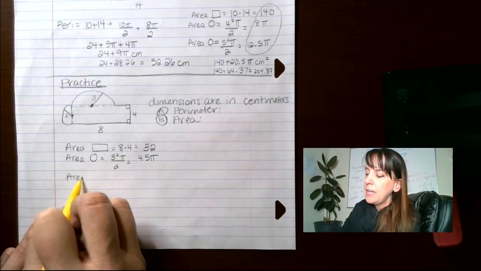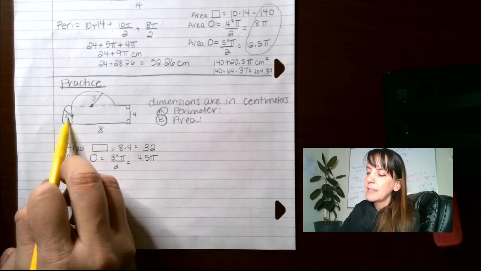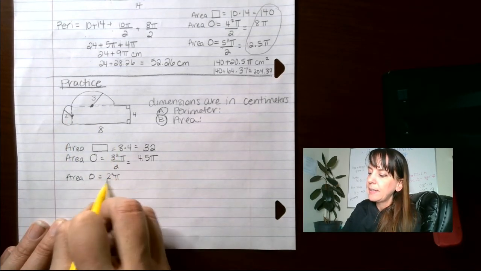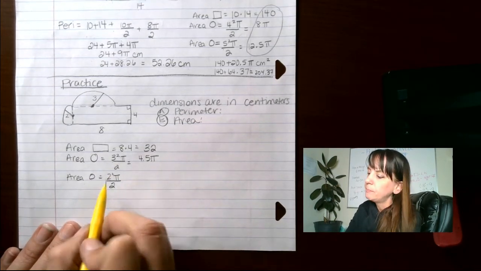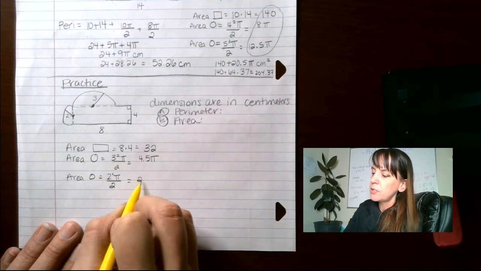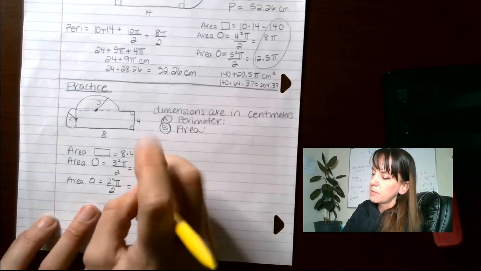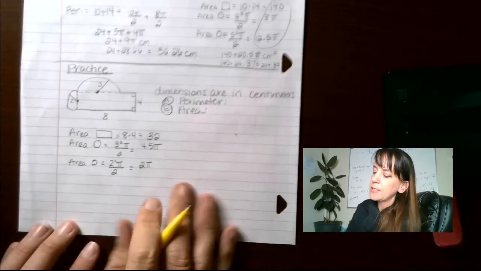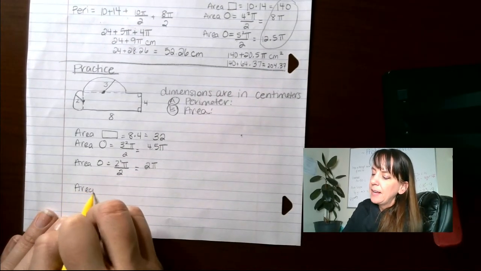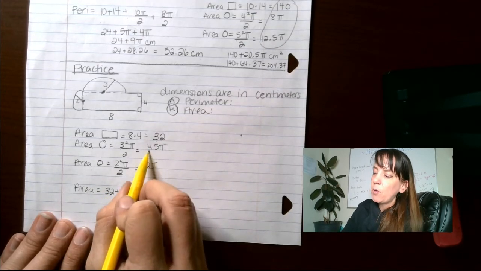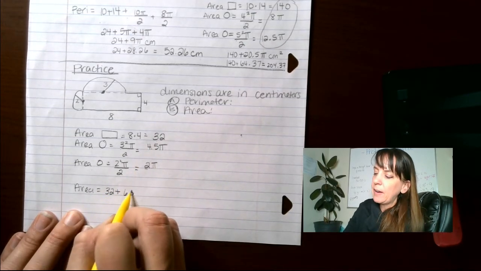The area of the other circle is the radius squared, so 2 squared pi, cut in half because it's only a semicircle. 2 squared is 4. 4 cut in half is 2, so we get 2 pi. So the area is 32 plus 4.5 plus 2 is 6.5 pi.